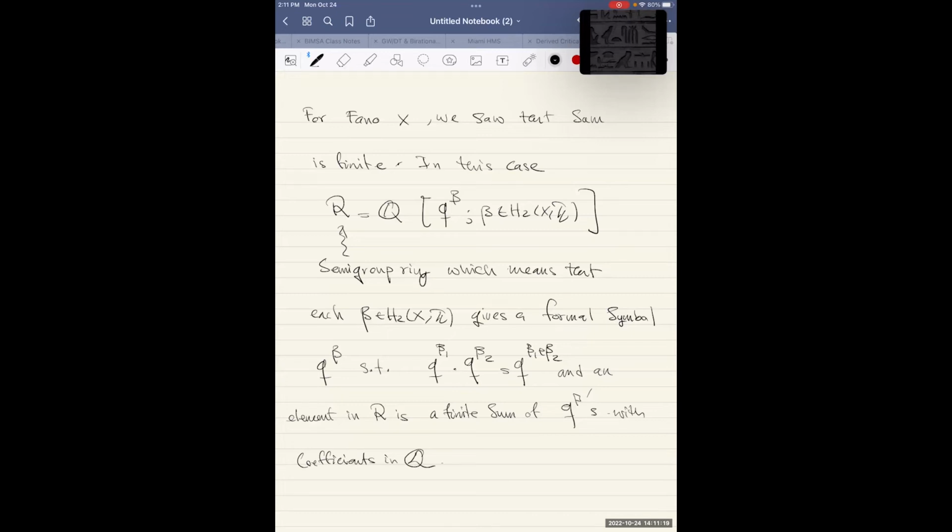An easy example is with the projective space itself. So an example of this thing, when X is equal to P^r.